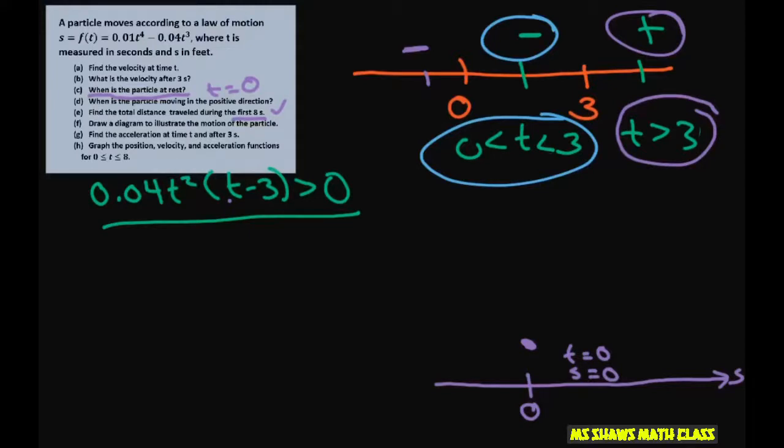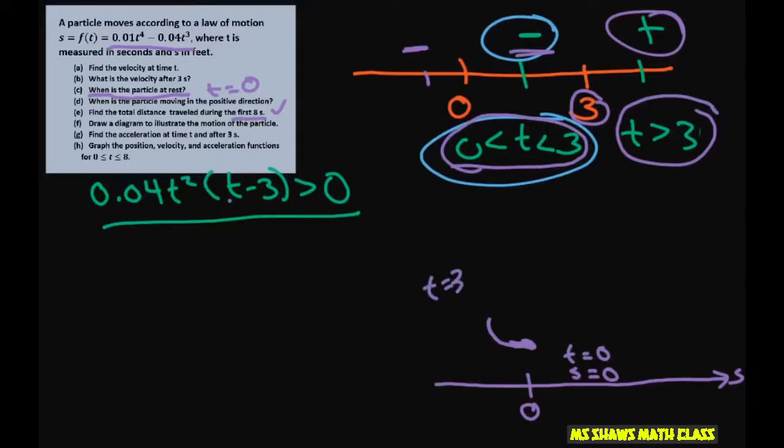You plug in 0 into here, your s will be 0. Now we're going to go negative for t equals 3. From 0 to 3, it's negative, so we're going to go this way a little bit. And this is at t equals 3, where it's stationary.